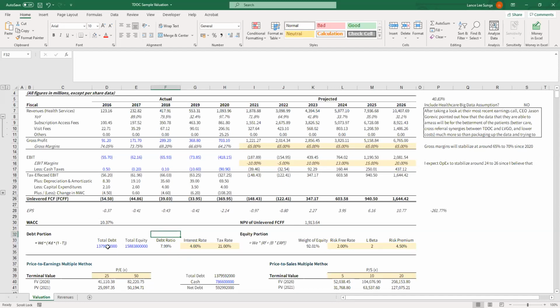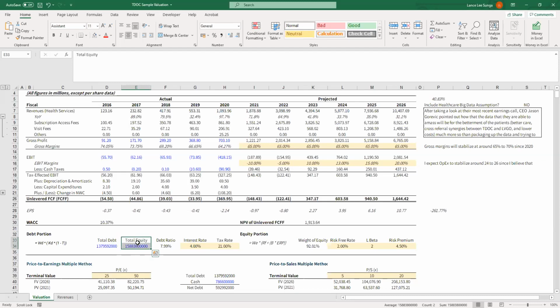So sorry. So the debt you get from the financial statement, right? So you add short-term debt plus long-term debt, right? Total debt isn't going to be the total liability account. It's short-term debt plus long-term debt only.